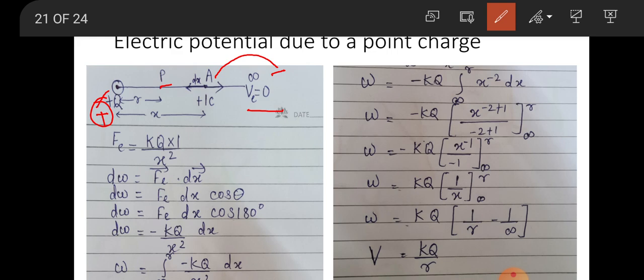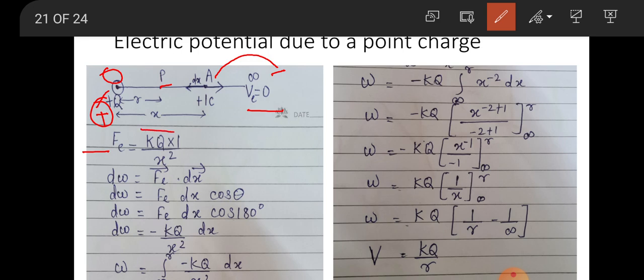The charge which we are bringing from infinity to point A has a charge of 1 coulomb, and therefore according to Coulomb's law, the force Fe is equal to K, capital Q, into the magnitude of the charge at point A which is 1, upon the distance between the two charges, that is between point O and point A, which is x.